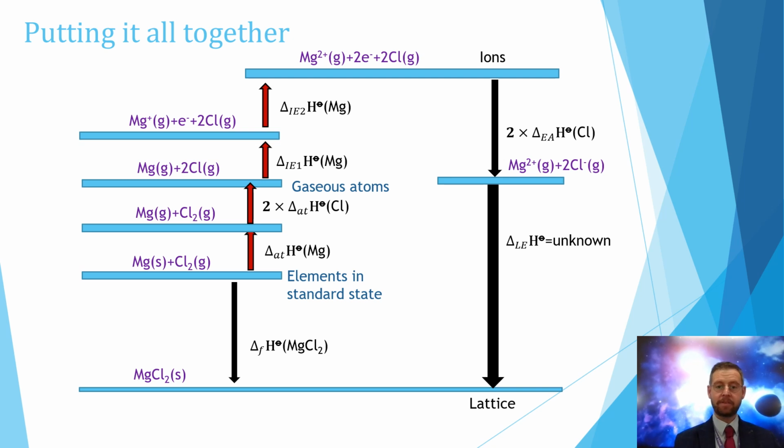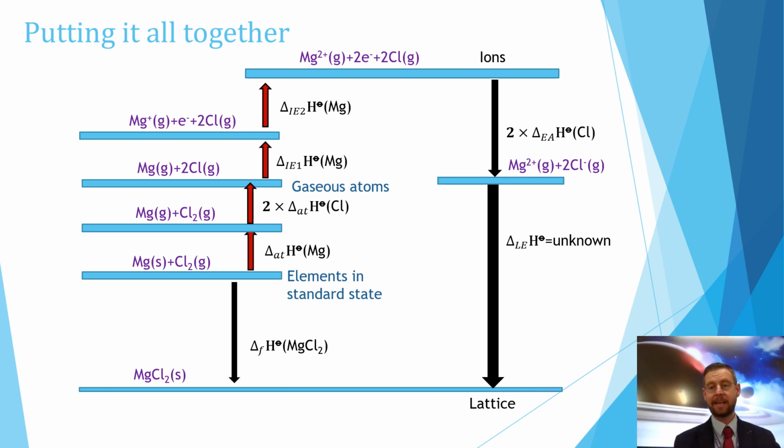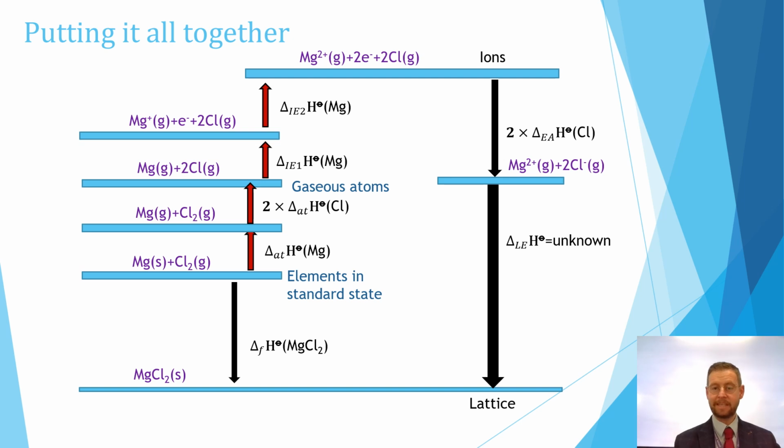So then above that, we've got the 2 ionization enthalpies to take it to the very top line, which is Mg2+, plus 2 electrons plus 2 chlorines. What's going to happen is we're going to have the electron affinity combining those electrons with the chlorines, and twice for both moles, making it into Cl-. And so we have to apply that electron affinity twice. So we have to multiply the enthalpy by 2.